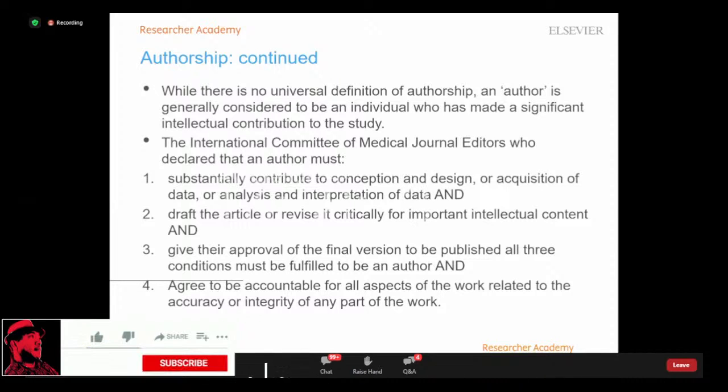So it's really important to make sure that anyone listed as an author meets these criteria. People who do not meet them can be listed as acknowledged individuals, so put them in the acknowledgements.